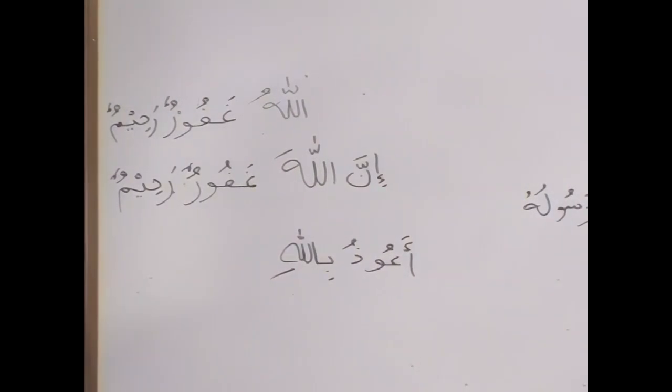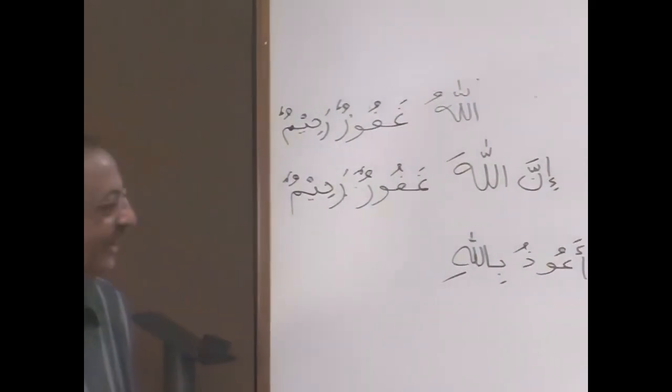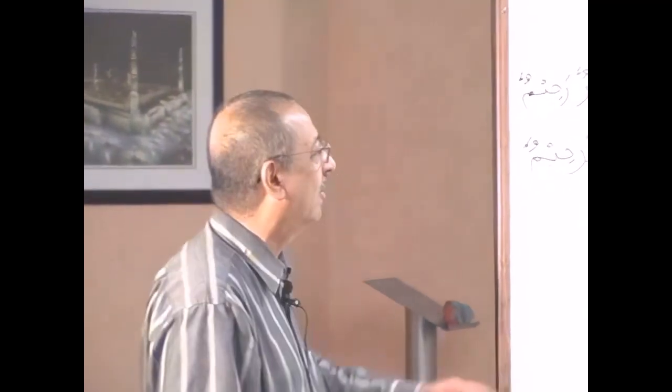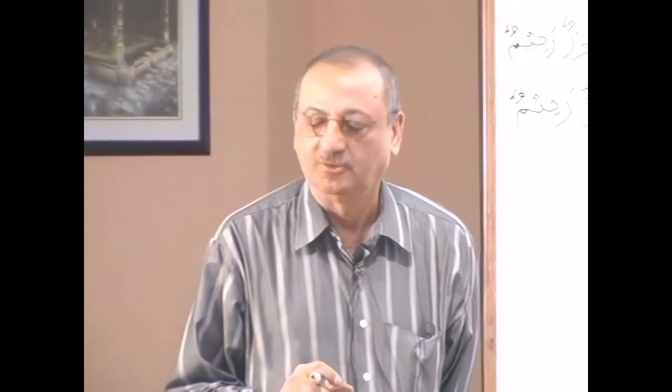What's going on here? Sometimes you are saying Allahu, sometimes you are saying Allah, and now you are saying Allahi. What's going on? But as we know, the nouns decline in the Arabic language, and we are going to learn about that. Are you with me? We are going to learn about that. Okay? And let's learn the terminology now.